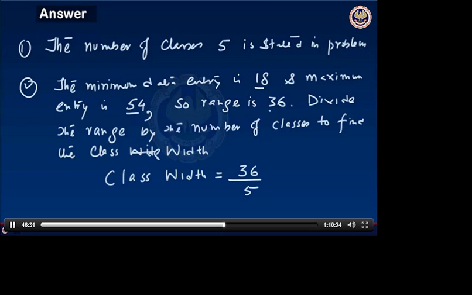So we are using this data. So we get 7.2. Now this should be rounded up to 8, the next number. So this is rounded up to 8. So this is the first step.